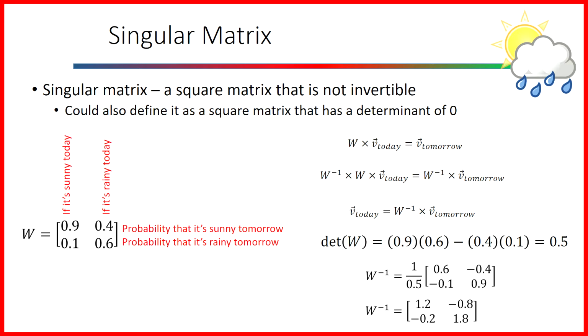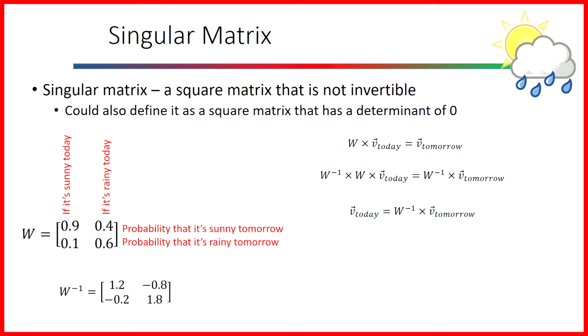Alright, so now we can use the inverse to figure out what the weather was today. The radio station predicted a 90% chance of sun for tomorrow, so our tomorrow vector is 0.9, 0.1, and we can plug in to find that today's weather equals 1.2, negative 0.8, negative 0.2, 1.8 times 0.9, 0.1.